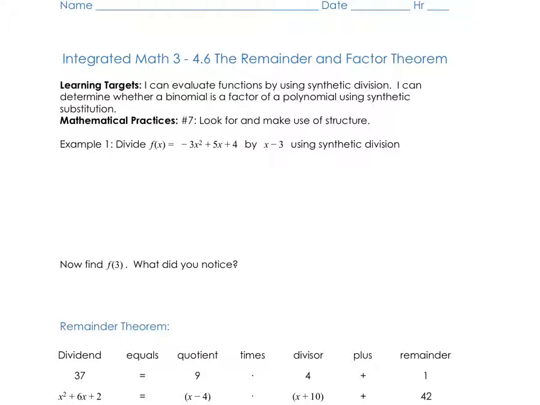I have my x minus r format already. So my r is going to be 3. And then my coefficients go across the top.